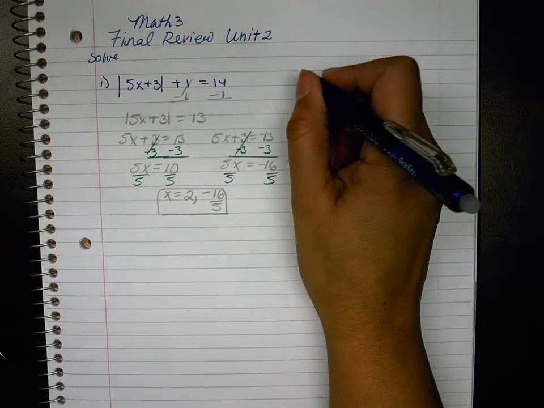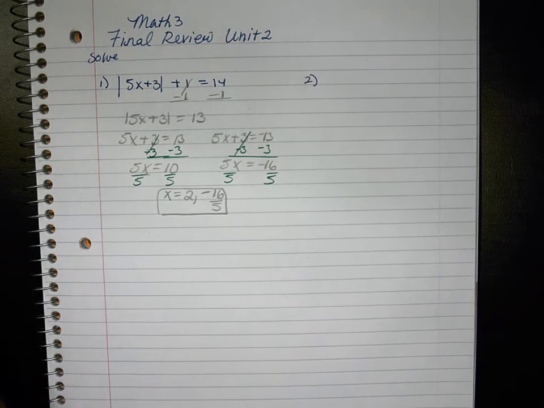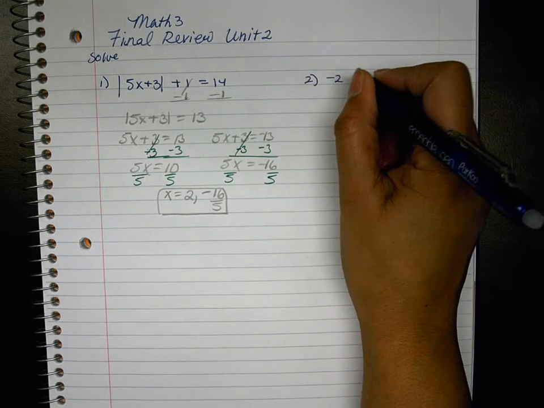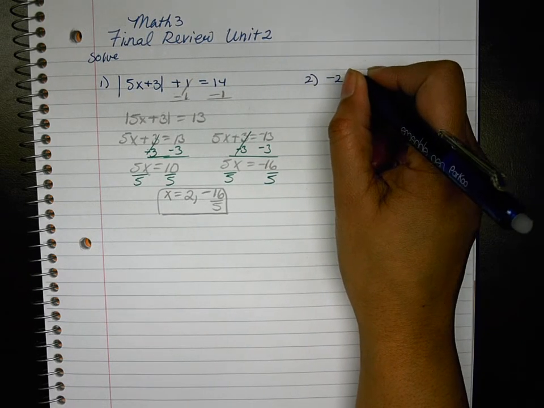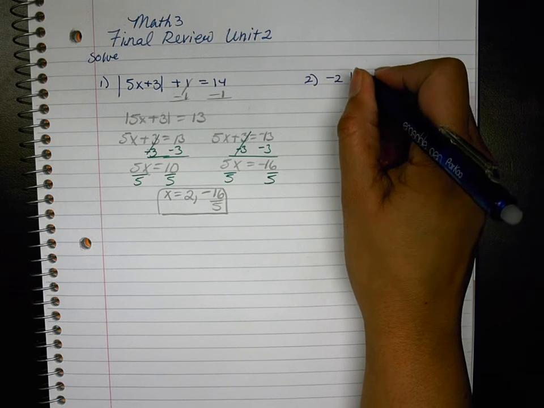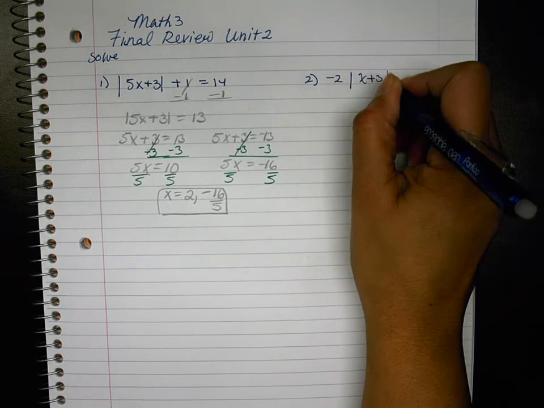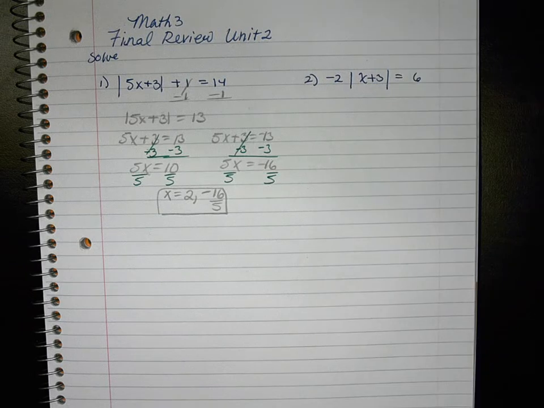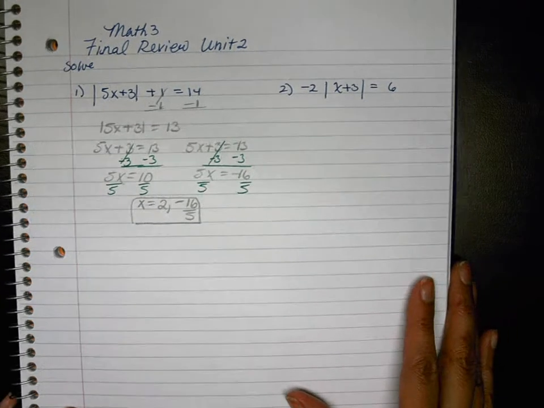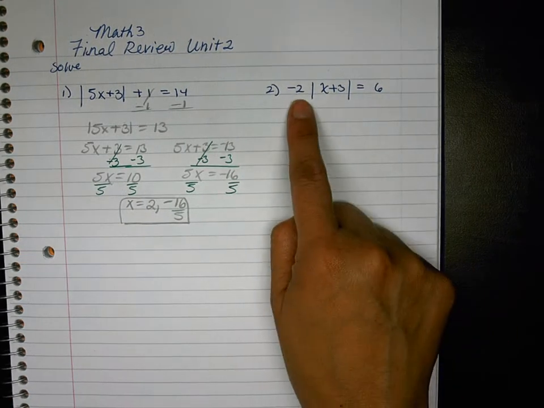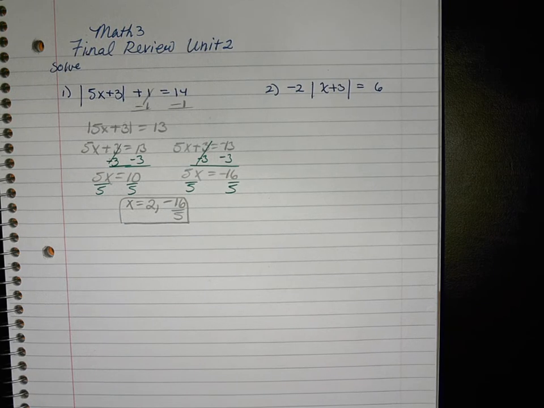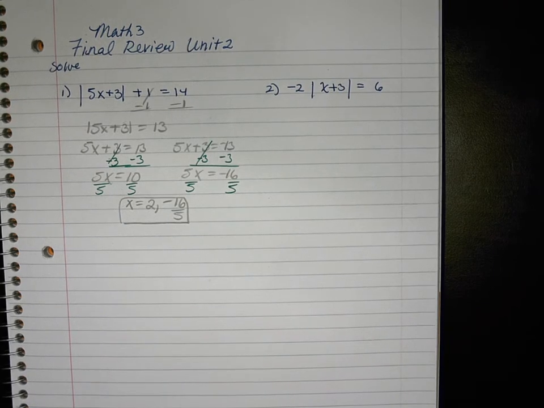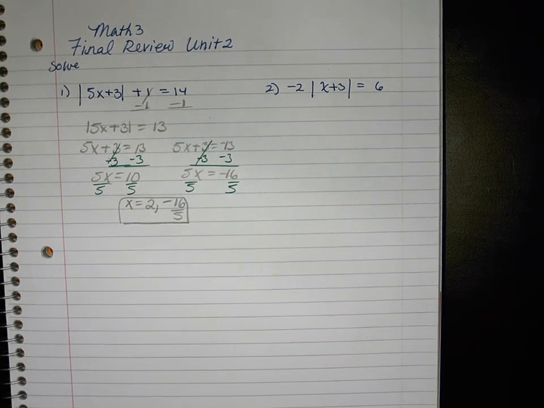Okay. Number 2. Negative 2 absolute value x plus 3, close absolute value equals 6. Is it okay to distribute the negative into the absolute value? No. Is it okay to ever distribute anything into an absolute value?